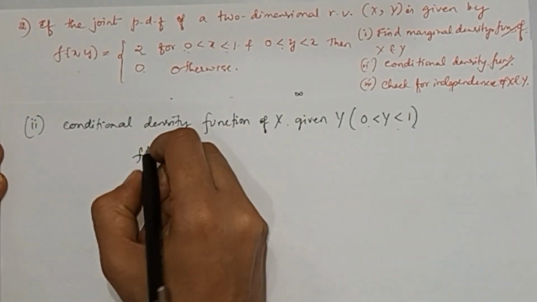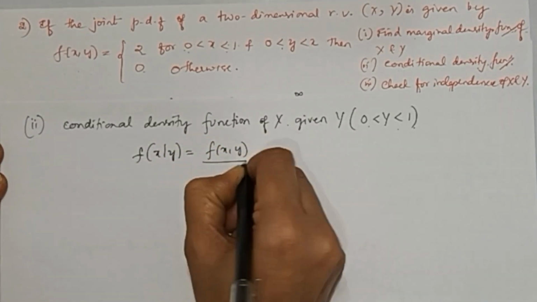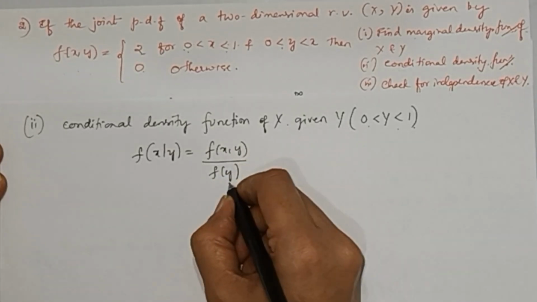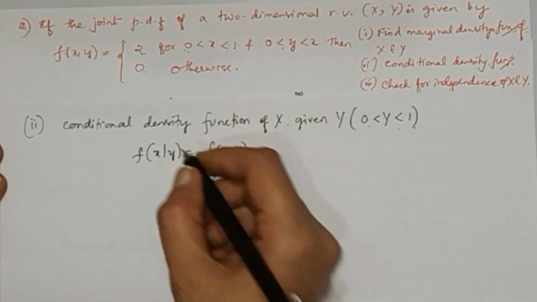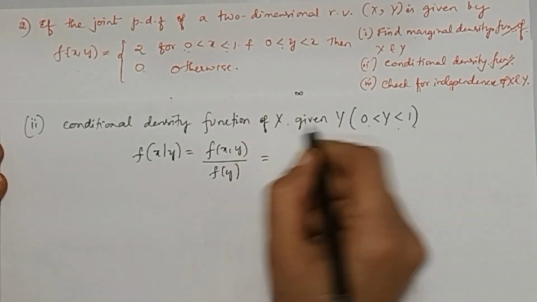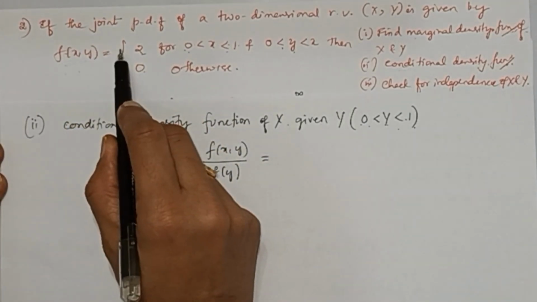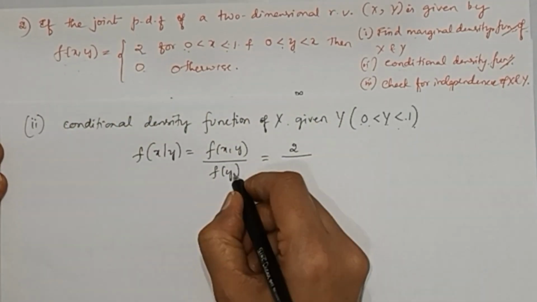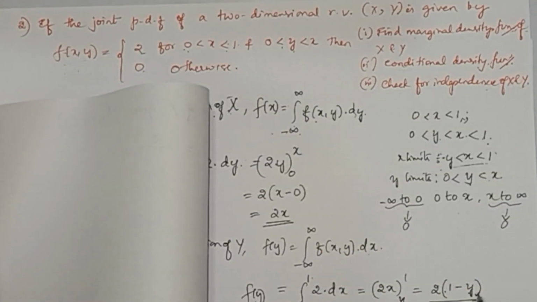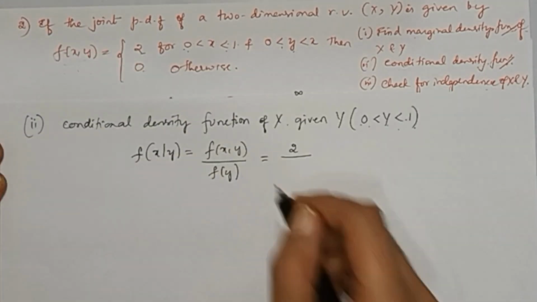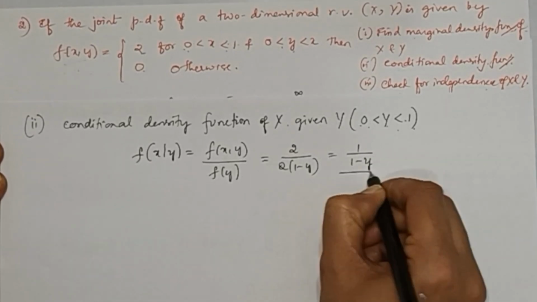It is denoted as f of x given y. What is the definition? F of x comma y divided by f of y, where f of y is the marginal density function of y, which we found just now. If y is in between 0 and 1, f of x comma y is 2, so 2 divided by f of y. We calculated f of y as 2 into 1 minus y. So 2 into 1 minus y, the 2 cancels, and you will get 1 by 1 minus y.